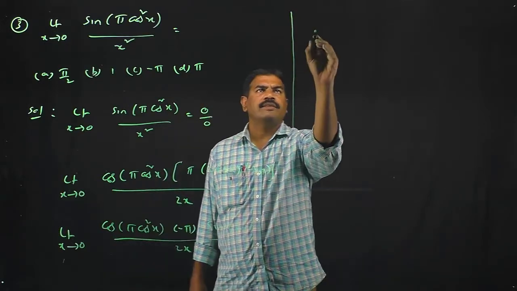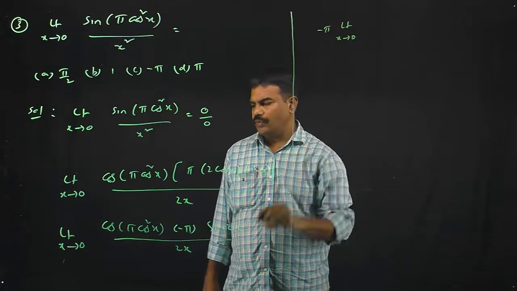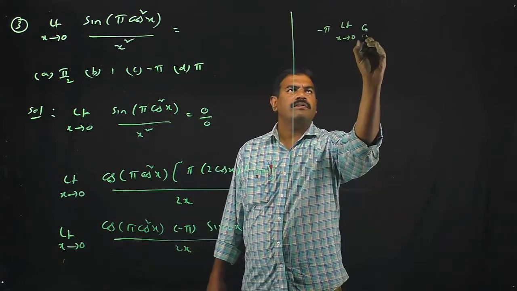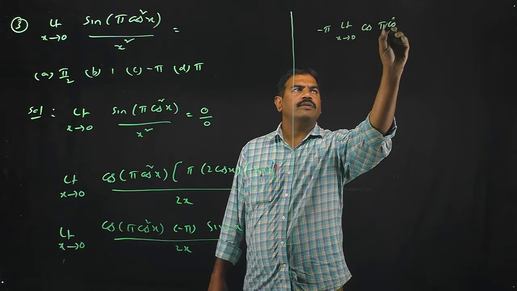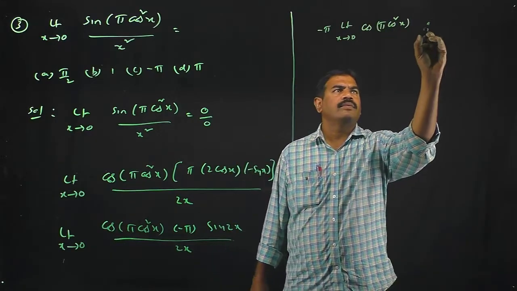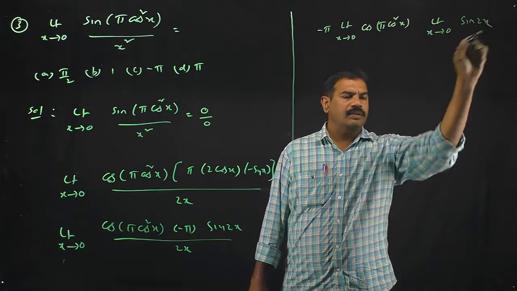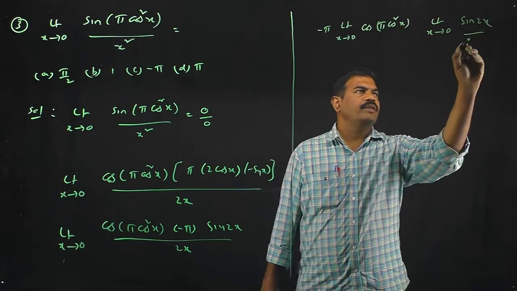So minus pi is taken outside: limit x tends to 0, cos of pi cos square x into limit x tends to 0, sin 2x by 2x.